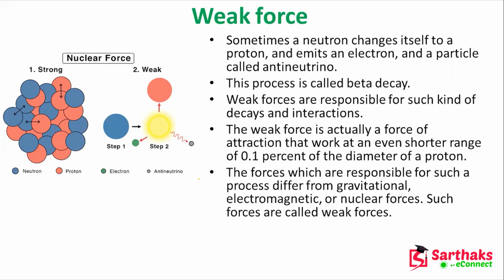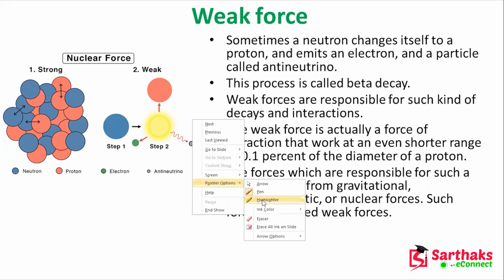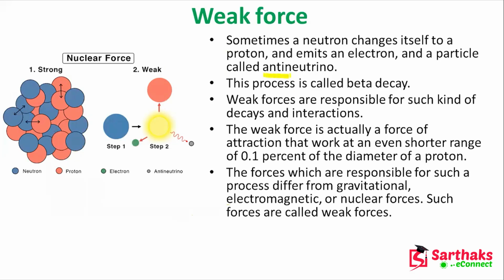Sometimes a neutron changes itself to a proton and emits an electron and a particle called an antineutrino.